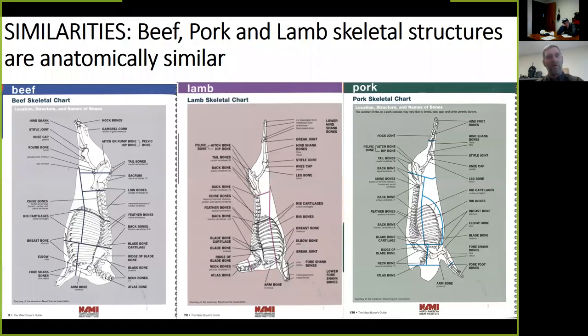Here now, I want to talk about the similarities in the beef, pork, and lamb cuts. So take a look at this for a minute. Let's look at one thing here.